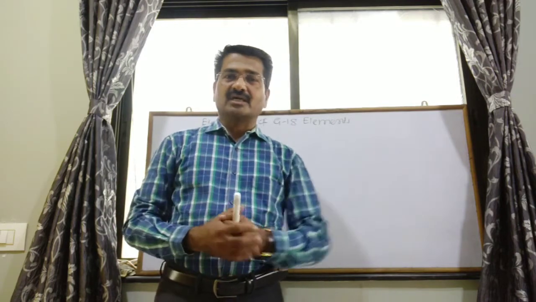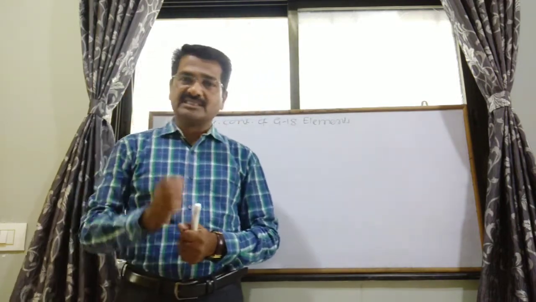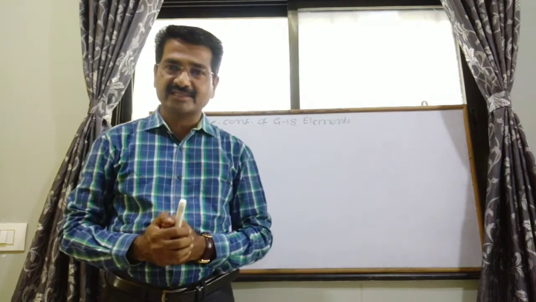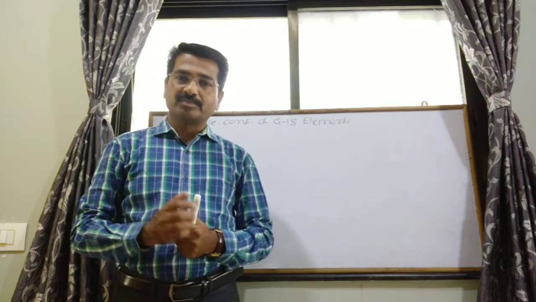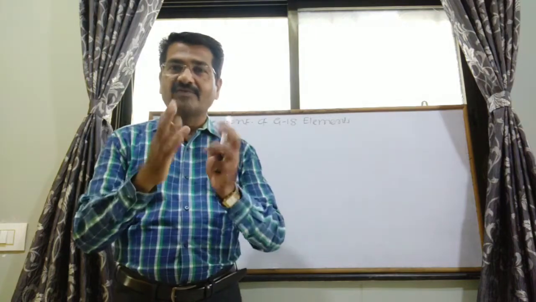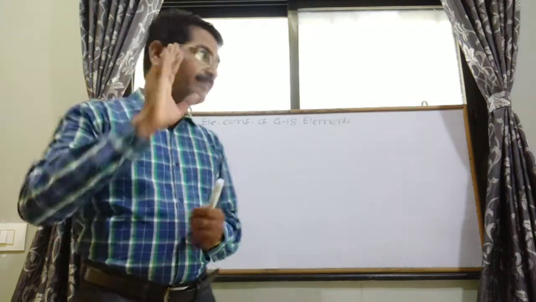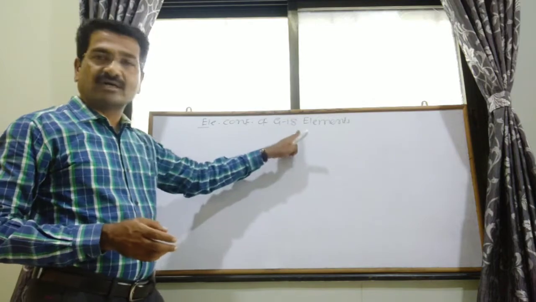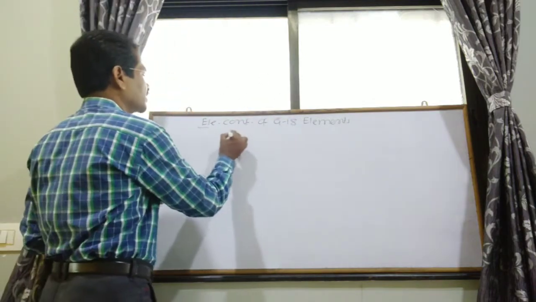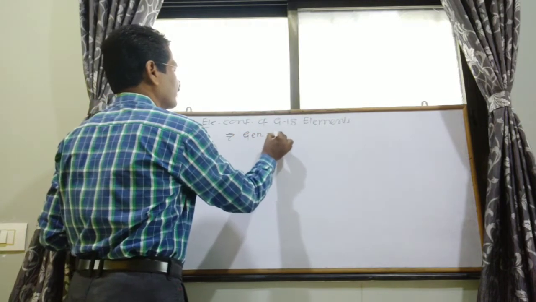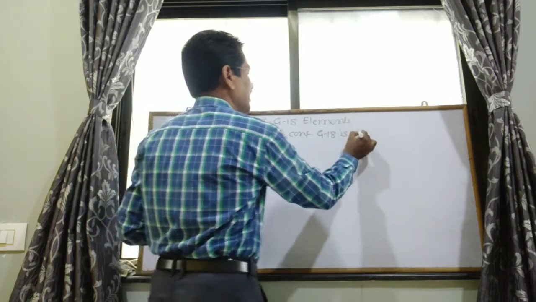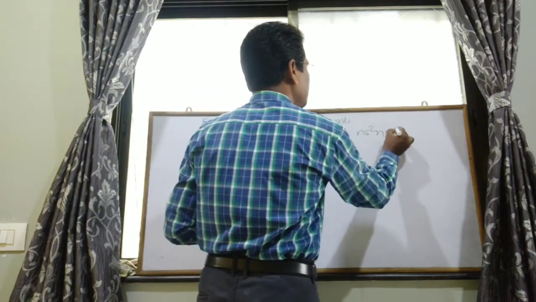The general electronic configuration of group 16 is ns2 np4, and of group 17 is ns2 np5. So depending upon that, the general electronic configuration of noble gases, group 18, is ns2 np6.